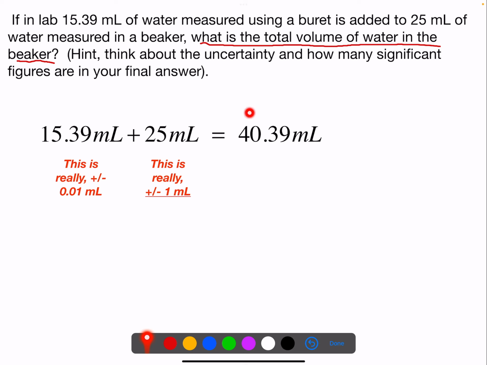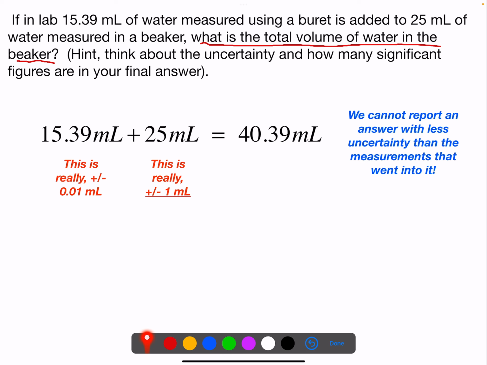So when we come to our final answer, if this 25 mil measurement is somewhere between 24 and 26 mils, can we really say with certainty that we have 40.39 milliliters? Right? We can only report our answer to the uncertainty of our least certain measurement.